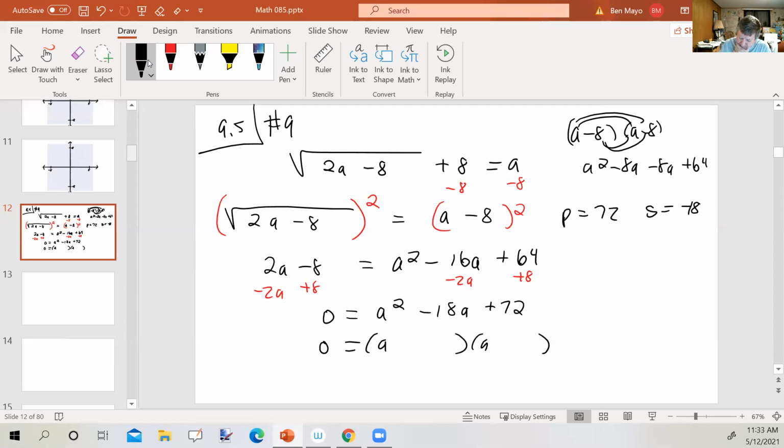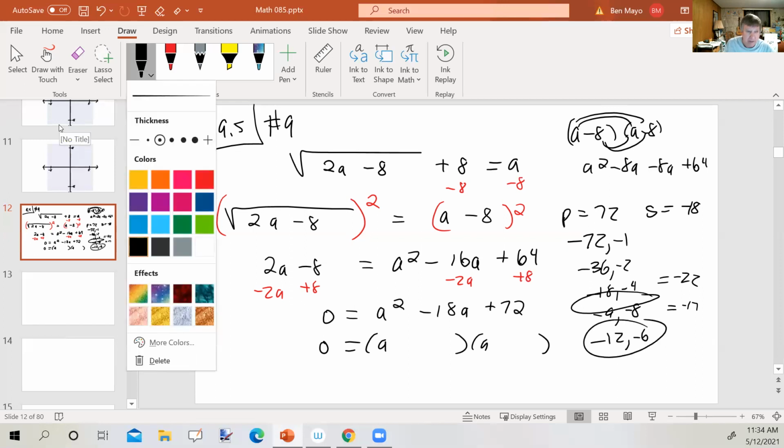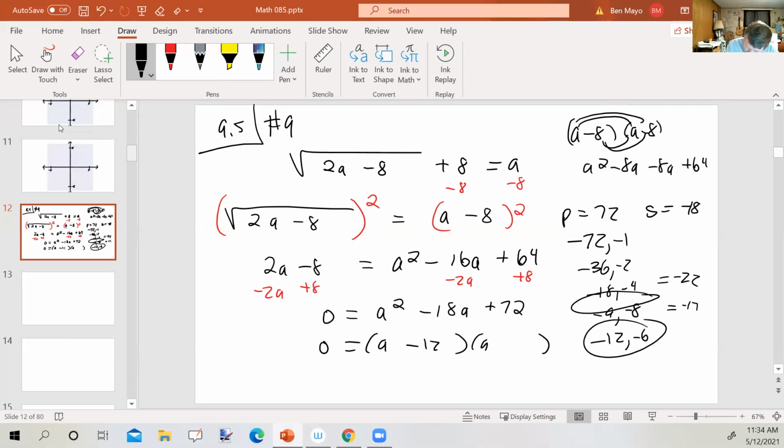So we could have negative 72 and negative 1, negative 36 and negative 2, negative 18 and negative 4, negative 9 and negative 8. Let's see, is there anything? Oh, how about negative 12 and negative 6? There we go. So we get a minus 12, a minus 6, which means a equals 12, a equals 6.